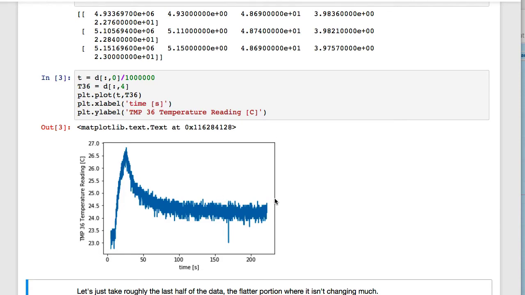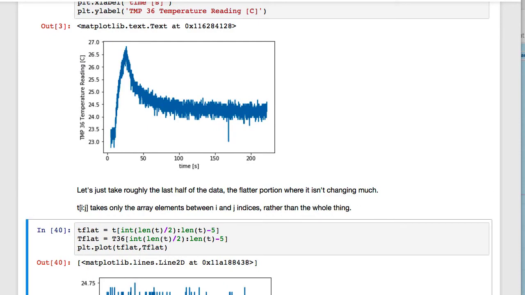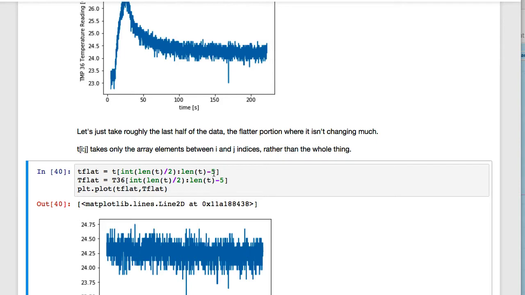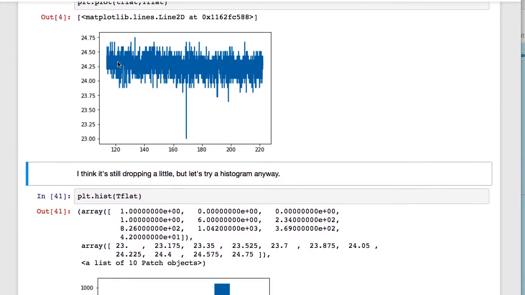So let's take a chunk out of here where it's got a fairly constant temperature, and so I'm just going to take stuff from the last half of the data set and plot it out just to make sure I've got the right thing. That looks like it's still dropping down a little bit, but it's close to constant. We could at least look at what that distribution looks like.